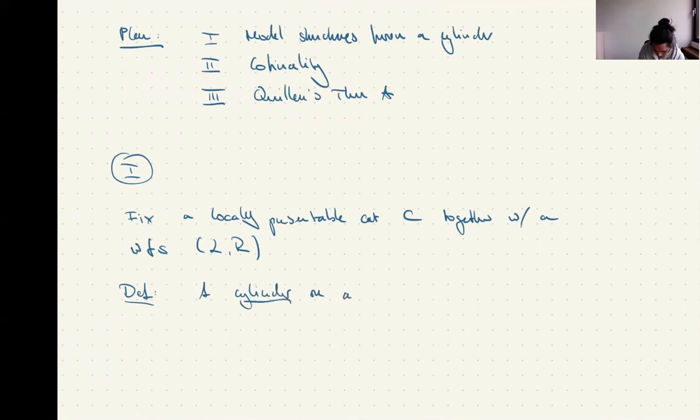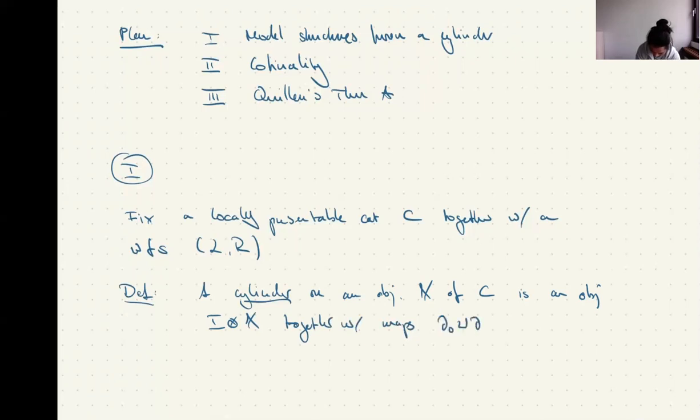So a cylinder on an object, say X of C, is an object called I tensor X, together with structure maps which are like endpoint inclusions into a cylinder.